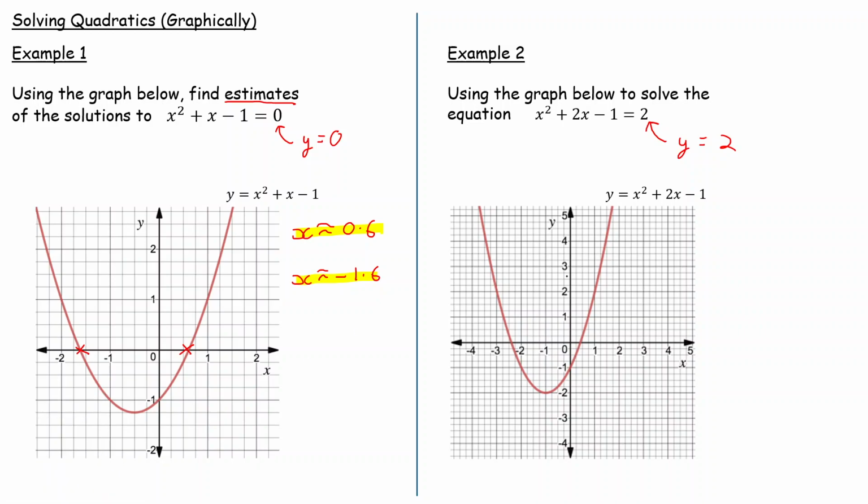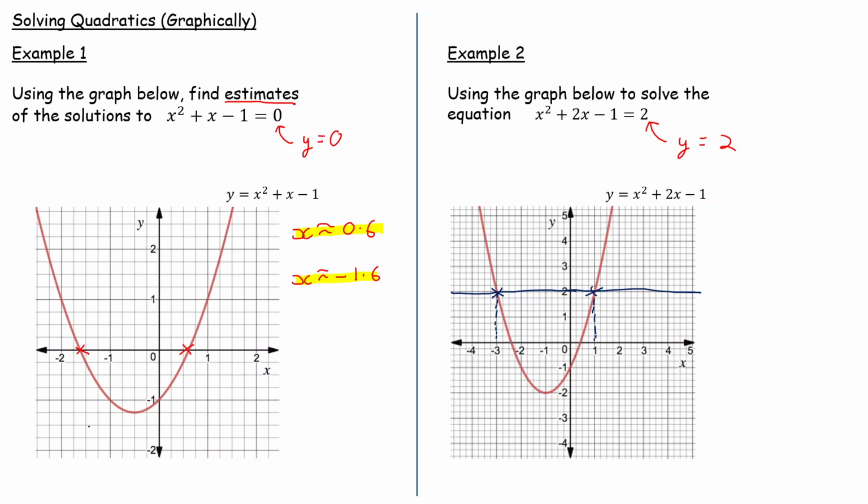If I draw that line y equals 2 in blue, it goes through the y-axis at 2, and it's a horizontal line through that point. So this time we're looking at the solutions where the quadratic and the line intersect, which is here, and we're looking at the x values where they do that, which are going to be minus 3, and also, sorry, 1.